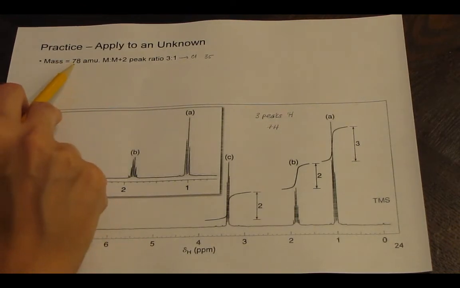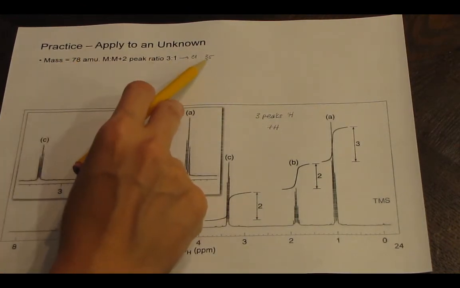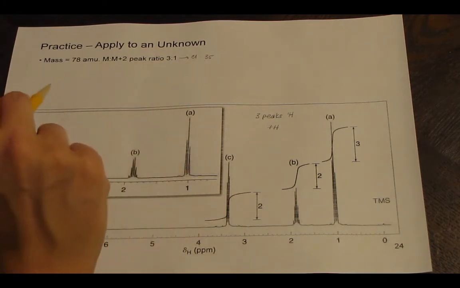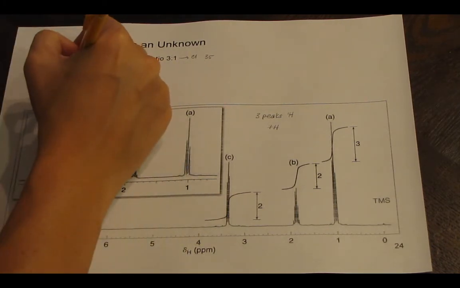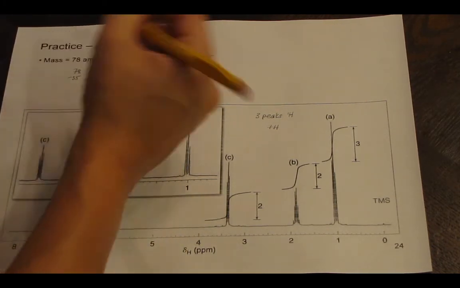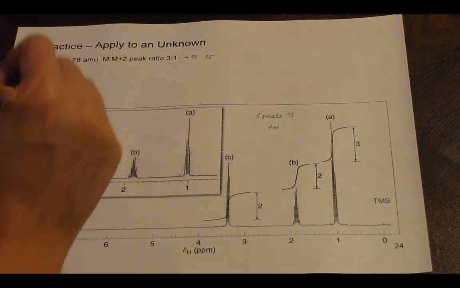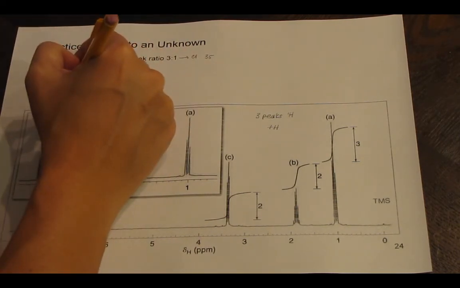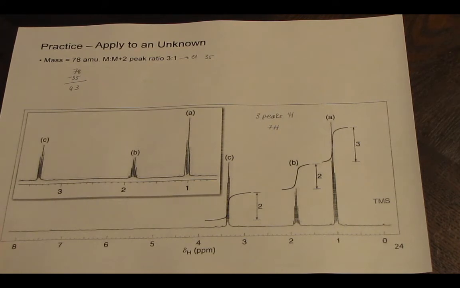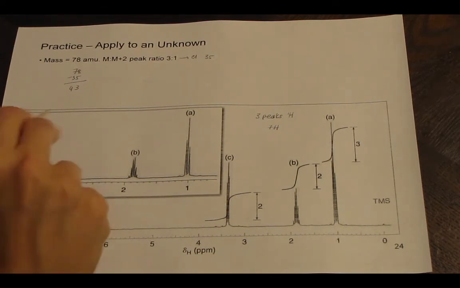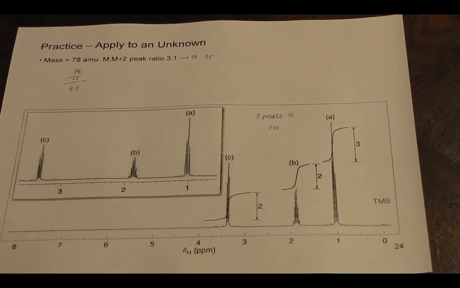So now that I have a mass and I have a chlorine, I'm going to subtract the chlorine from the mass. So 78 minus 35 is 43. Okay, so I have 43 left over, and that is what I'm going to do the rule of 13 on.